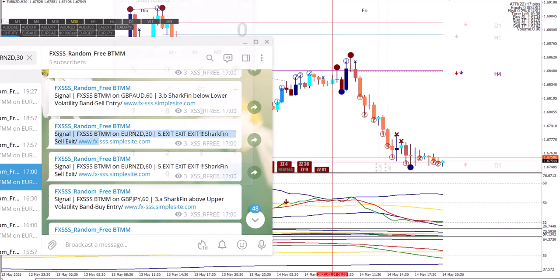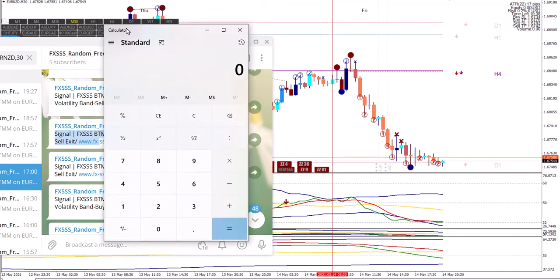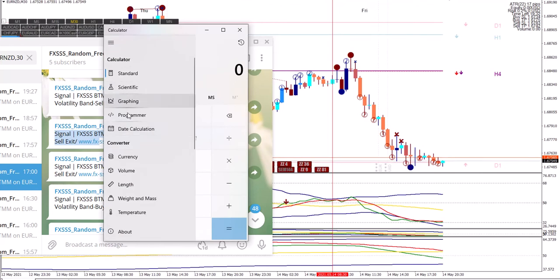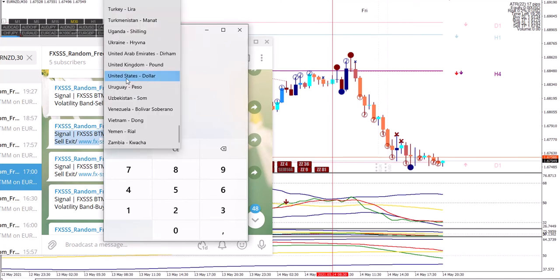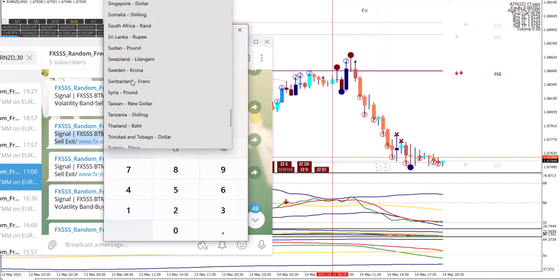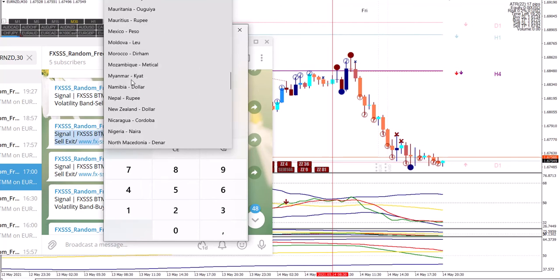Let's see, New Zealand currency. Let's do a straight conversion. Let's just say 16 New Zealand. I think it's 1 to 10 rand or something like that.